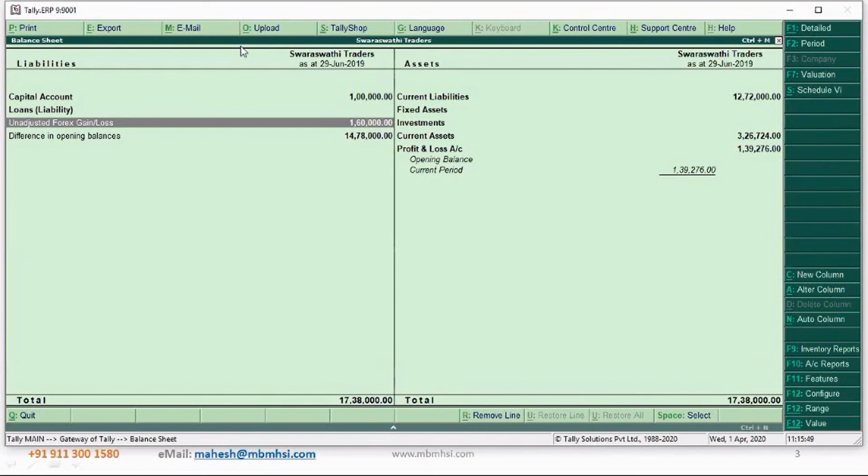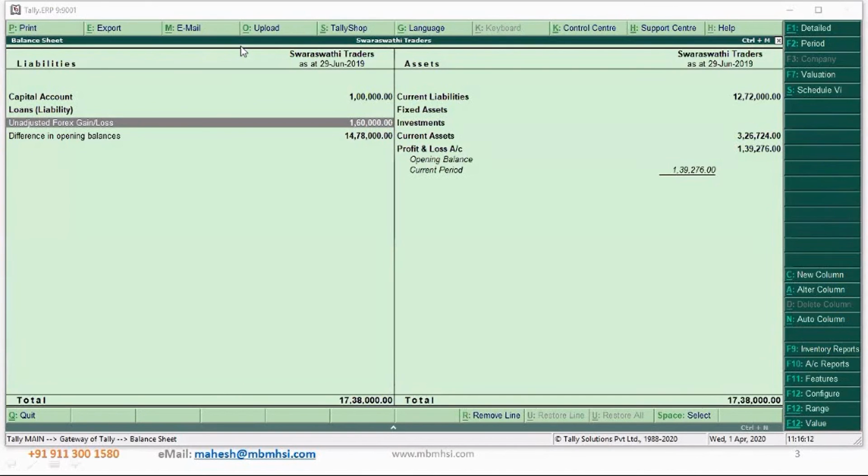So those who said 1.6 lakhs, Vijay Kumar, Ravi Raj, Manjula, Srinivas, Vinod, Kothari, you are all correct, because we are adjusting the bill wise details.